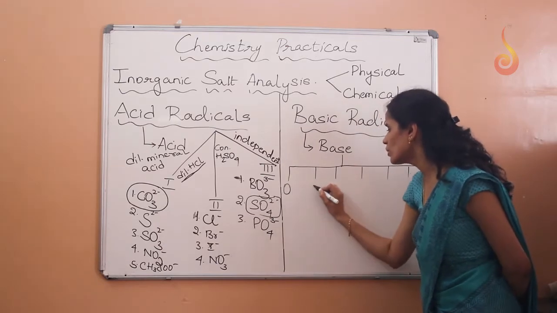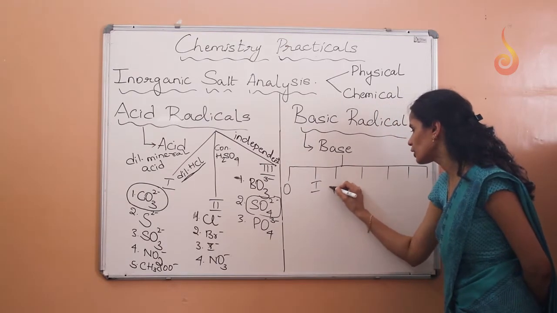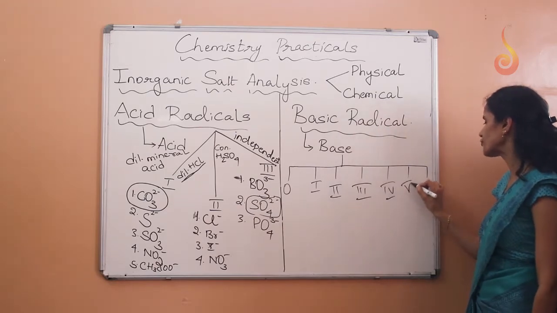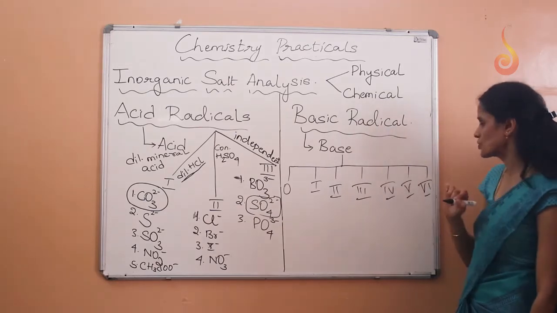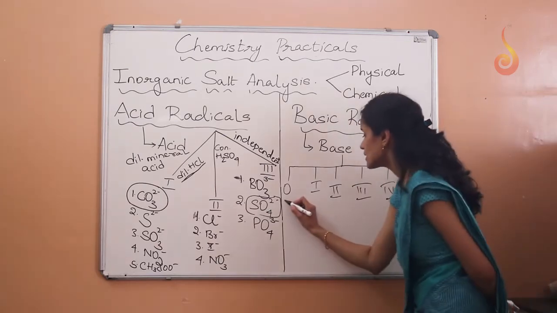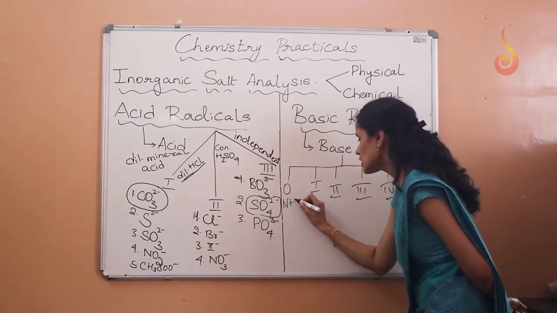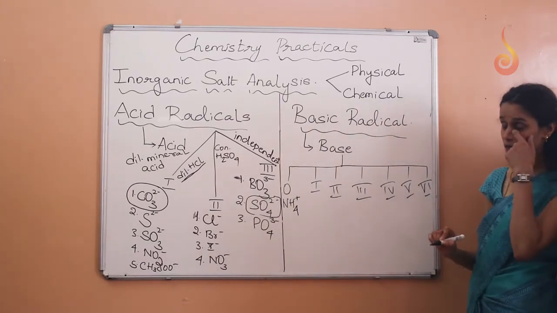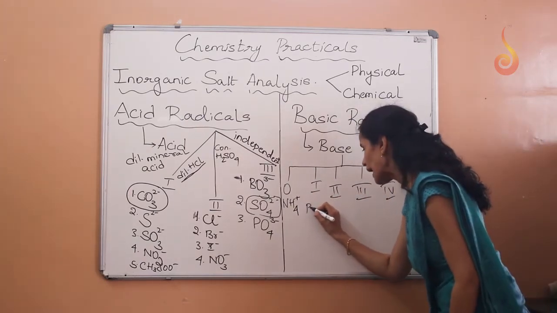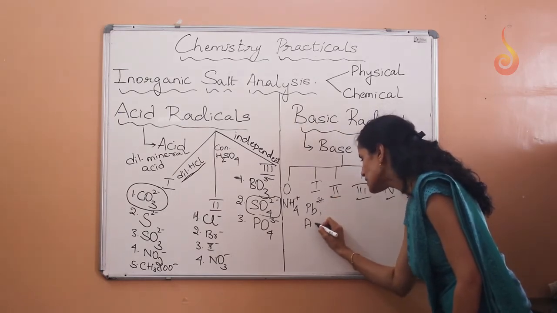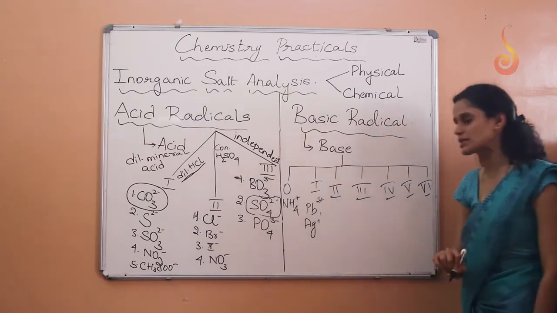So 0 group, first group, second group, third group, fourth group, fifth group and sixth group. So this is how we have 7 different groups. What are the radicals coming under each group? In 0 group, we have ammonium ion. In first group, we have lead ion, Pb2+, and silver ion, Ag+.